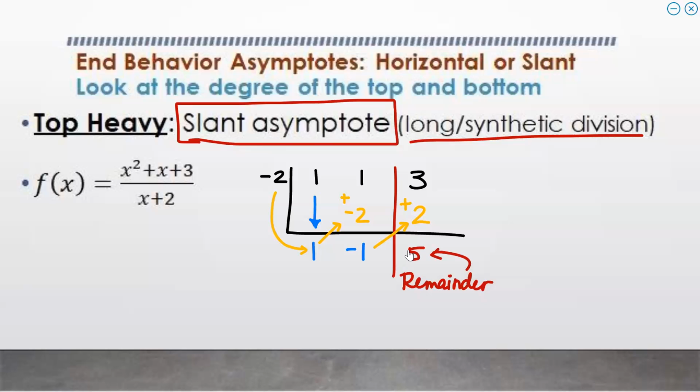Y equals 1, right here. If it is bottom heavy or it is equal degree, then it will have a horizontal. If it is top heavy, then it will have an oblique or a slant, yes. This is to find my horizontal asymptote, my HA. Y equals the ratio of those two. So y equals 1.